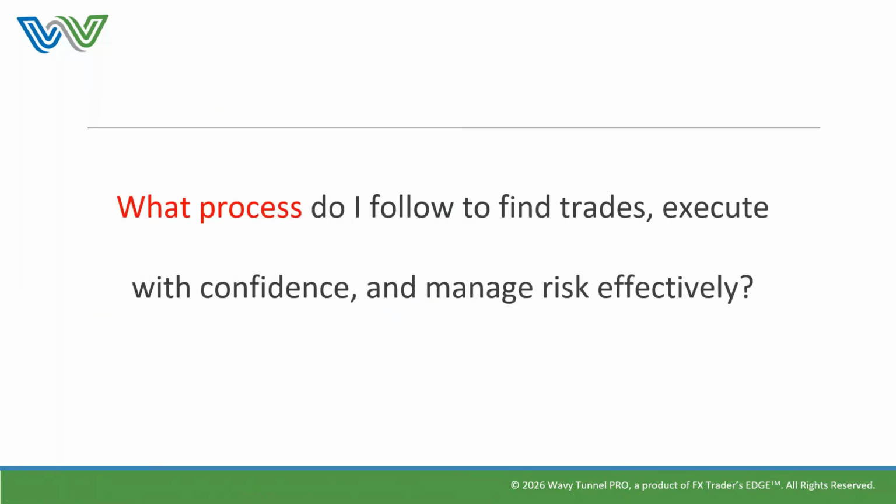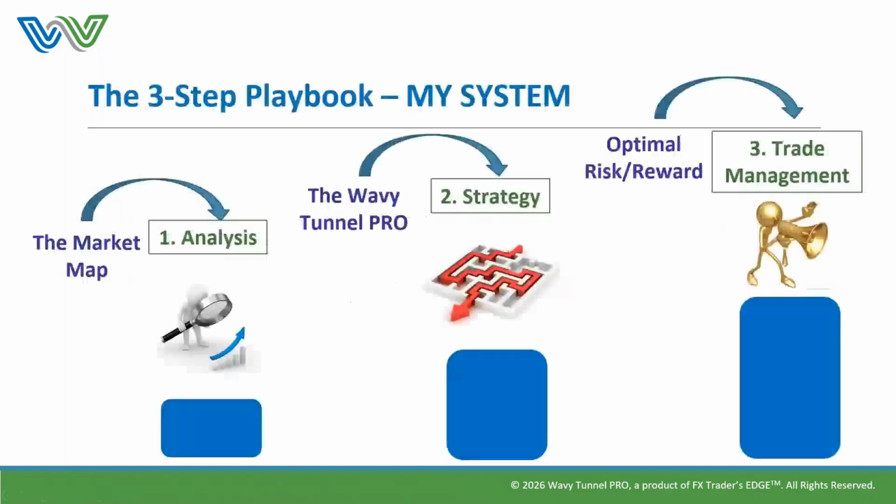So what process do I follow to find trades, execute with confidence, and manage risk effectively? Over the years, I've found that consistent trading really comes down to a very simple framework. I call it the simple 3-step playbook. First, we analyze the market structure using the market map. I'm going to show you the market map today.